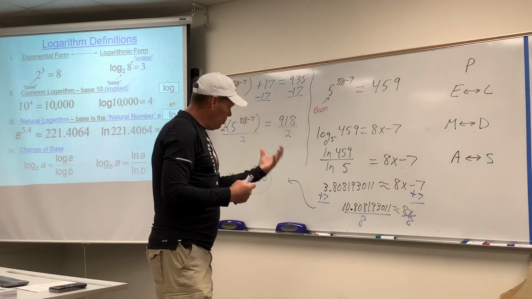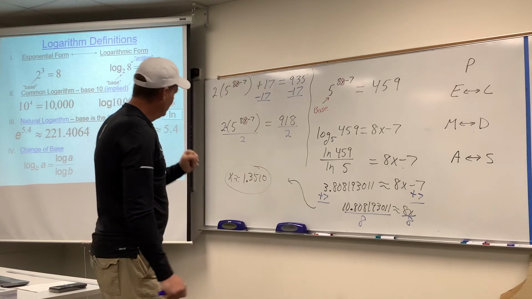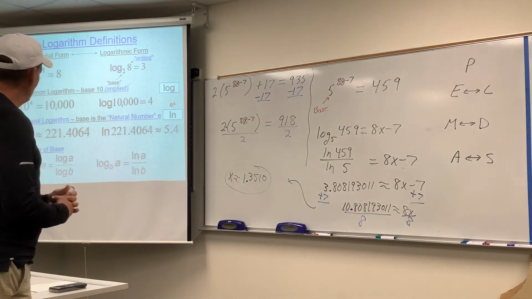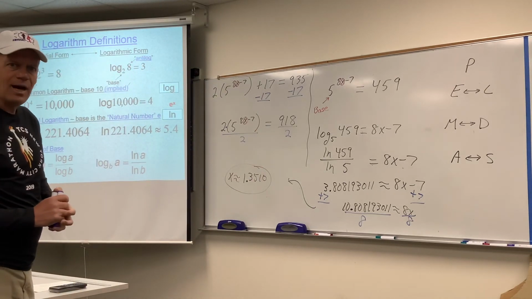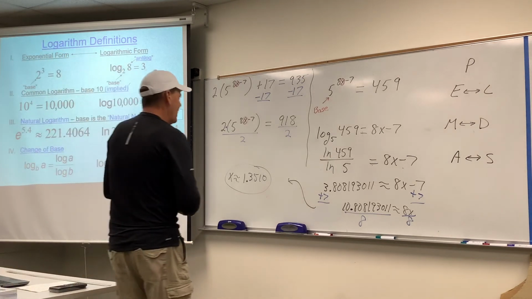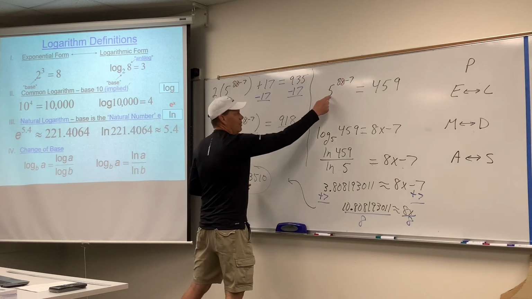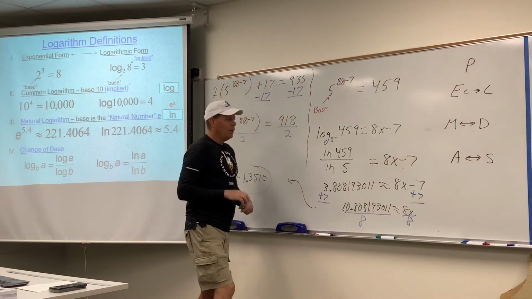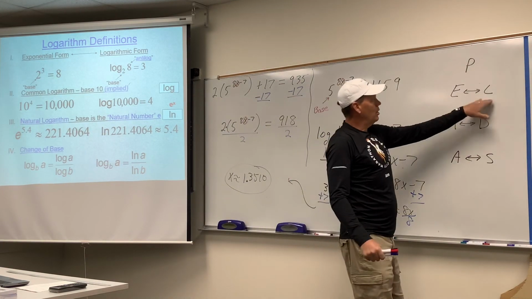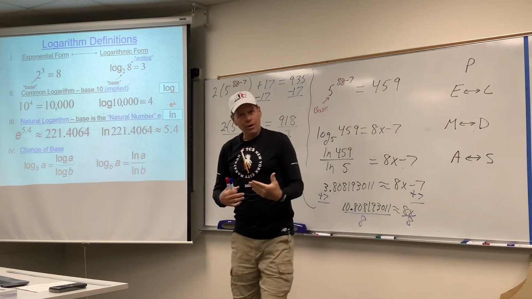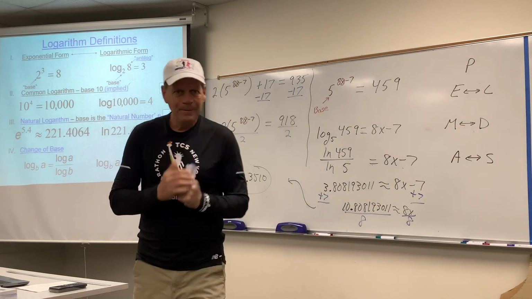So I hope all my arithmetic was correct. But there you go. So once again, we're using inverse operations to isolate that x. And I would say the one step in this that was new to us was getting rid of that base by changing it to a logarithm. Because again, exponential and logarithmic are inverses of each other. All right, rock on.